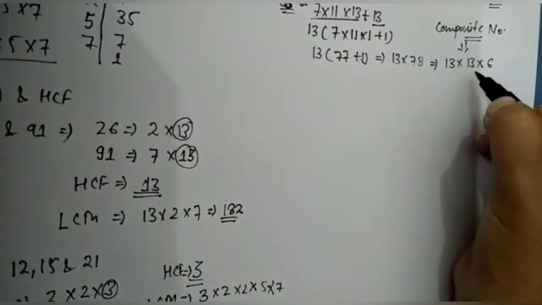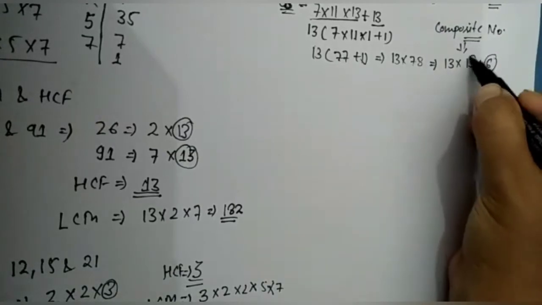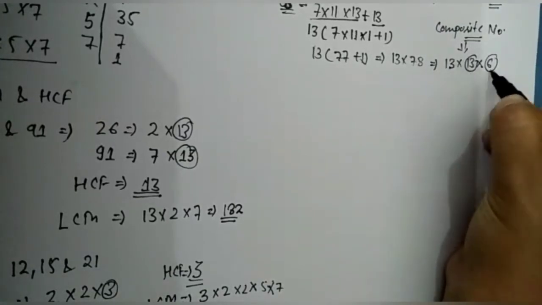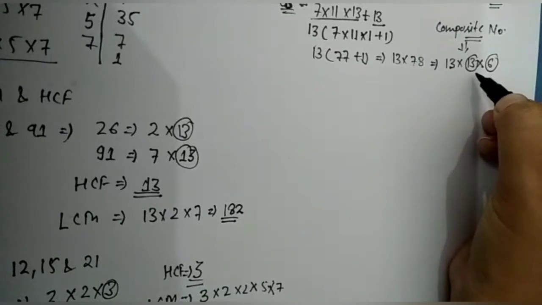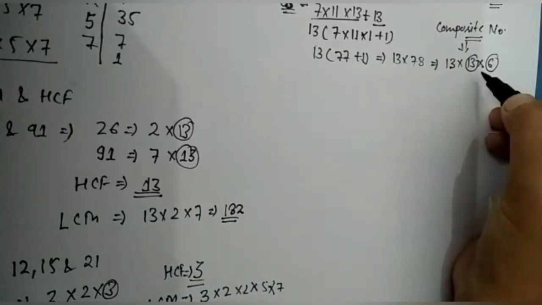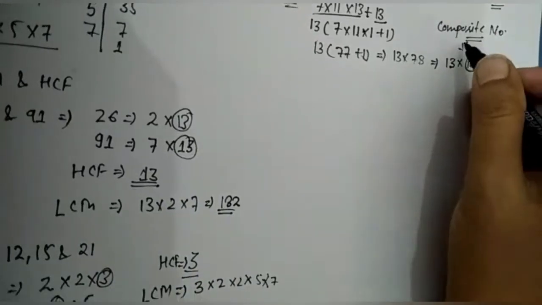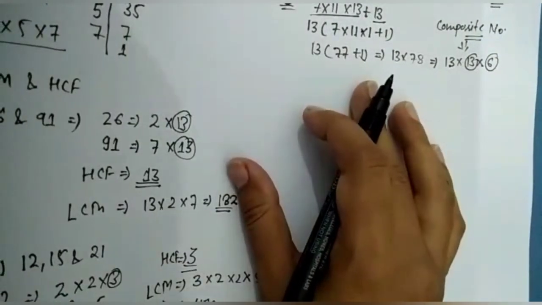Now you can see the given expression has 6 and 13 as factors. So we have two numbers, 6 and 13, as its factors. Therefore, it is a composite number. According to the condition of composite numbers, it's a composite number.